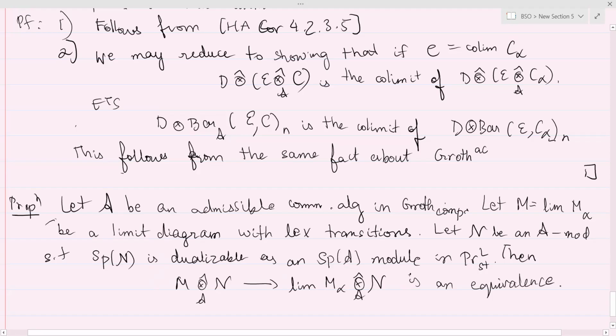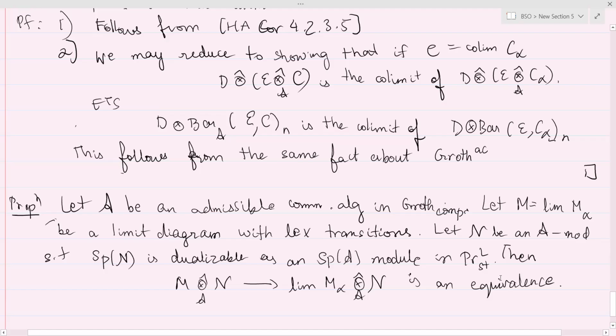Right. So before I start talking about the proof, I should say that this limit exists because there's also a fact from earlier, which is that the subcategory of Groth, denoted Groth Lex, whose morphisms only consist of left exact morphisms, admits all small limits.